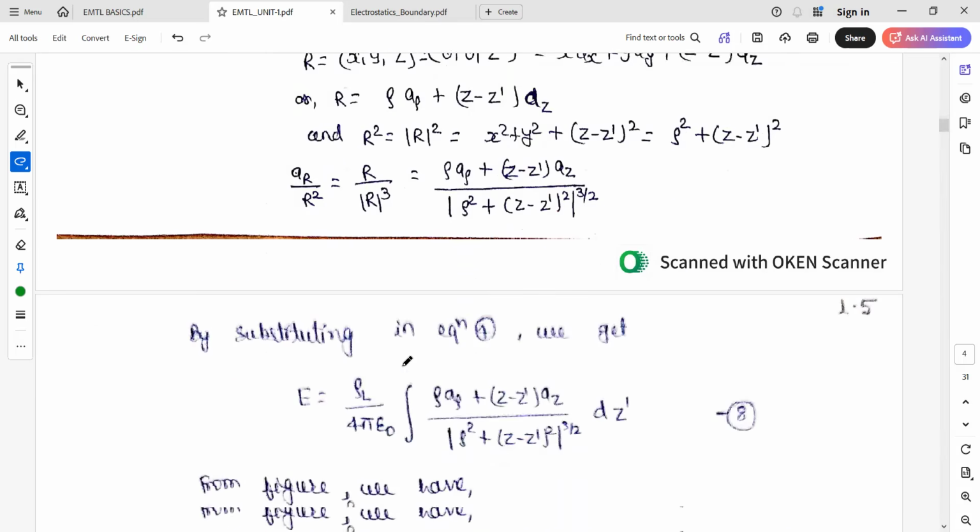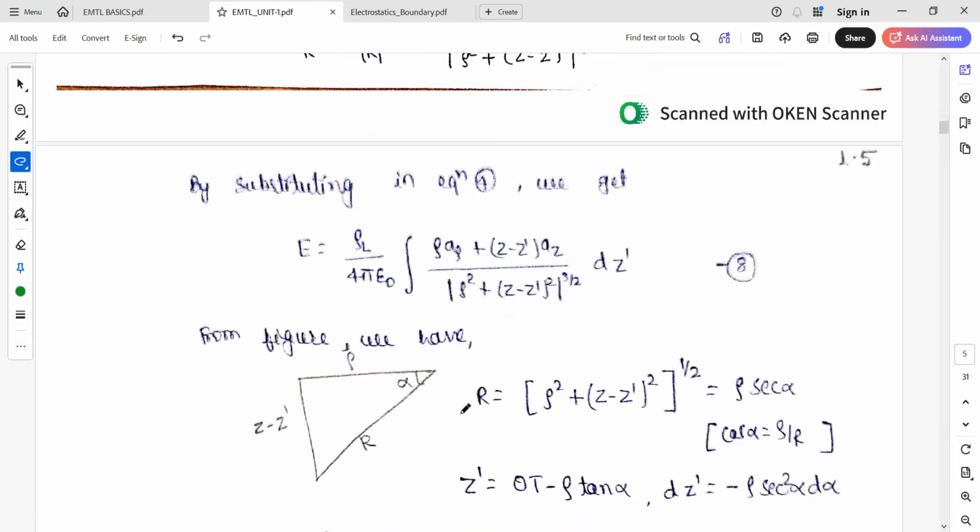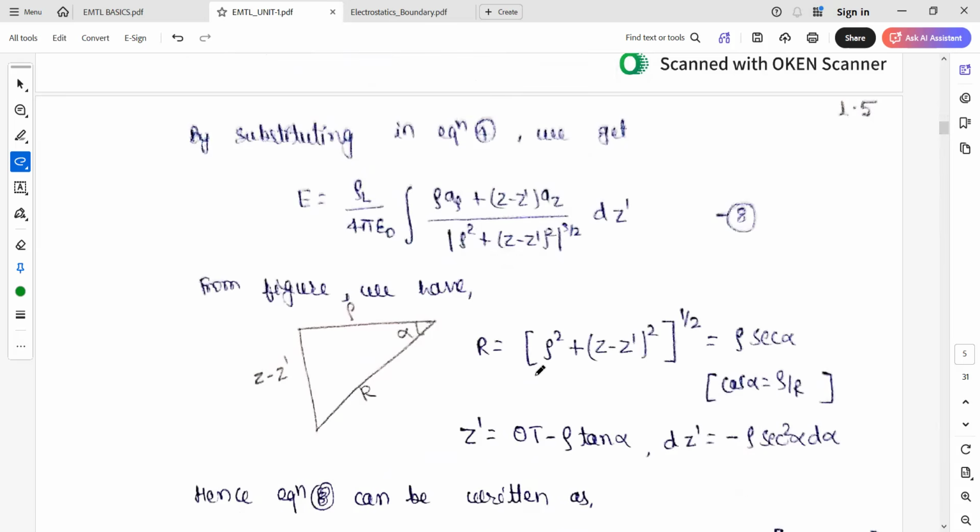So finally, the electric field intensity in vector form we have written here, and now we have to solve these values, how we are going to get R. So this is rho sec alpha, and Z dash equals OT minus rho tan alpha, and if you differentiate this, then d tan alpha is sec square alpha.